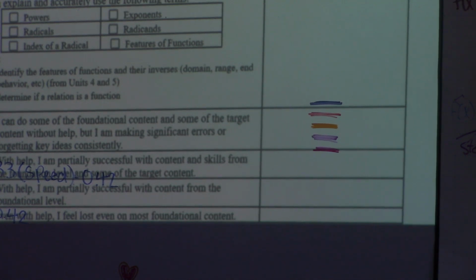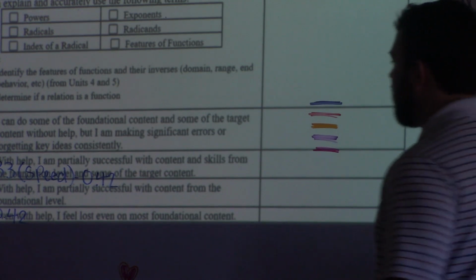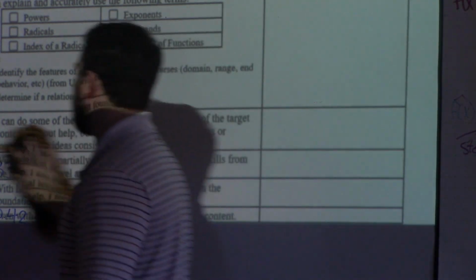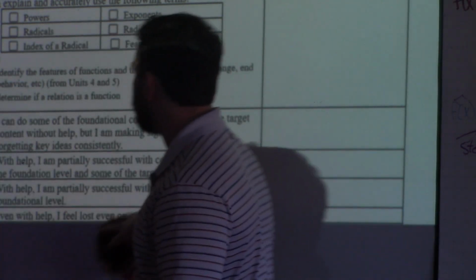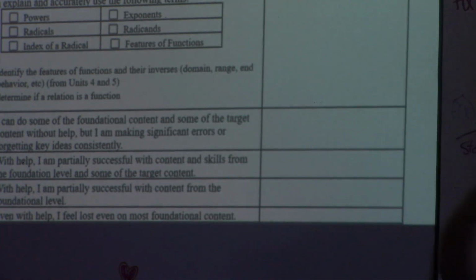In a second. So here's the proficiency scale to remember, right? Remember foundations, all of these foundations we've done before. We did talk about the idea of an index. What is the index of a radical again? The number in the crook?